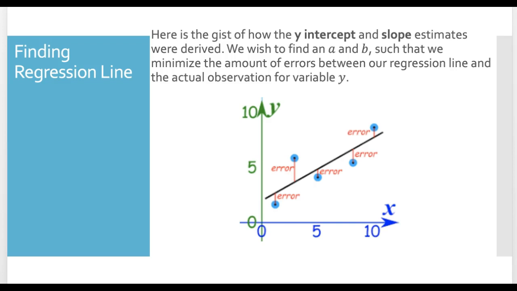It's kind of beyond the scope of this class. The good news is that StatCrunch does it for us, and we can do some things by hand. I have some formulas for you coming up soon. But when you were eyeballing the three possible regression lines, you kind of picked the one that cut through the center.